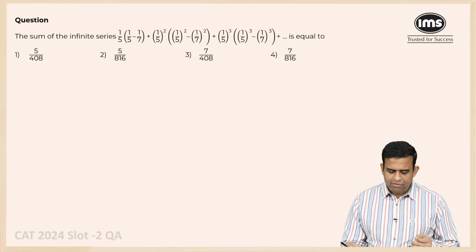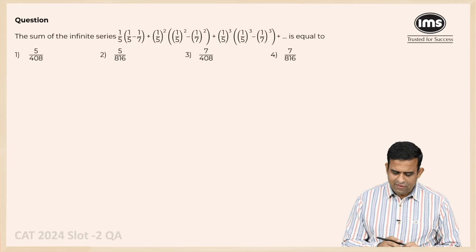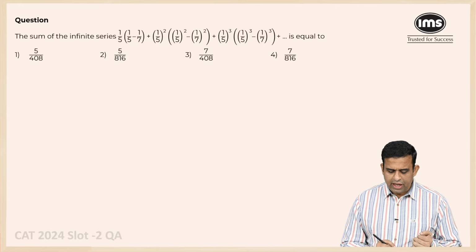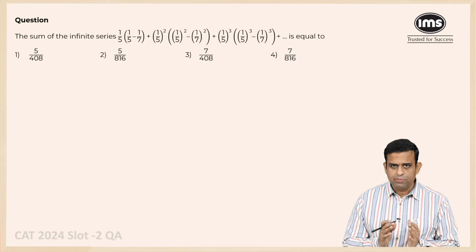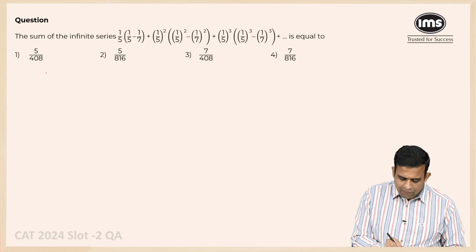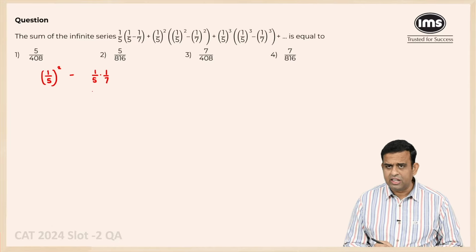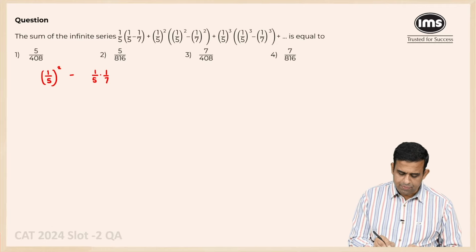So what do we have? We have a sequence given to us, and suppose I try to open the bracket. The first term, if I multiply, will look like this: 1 by 5 square minus 1 by 5 into 1 by 7. That's my first bracketed term.